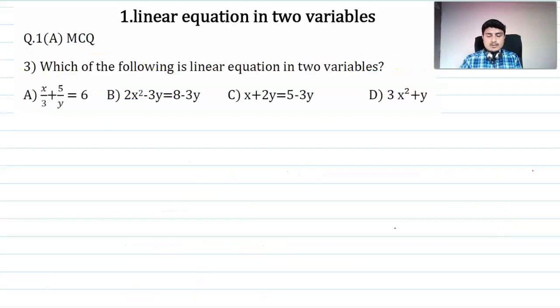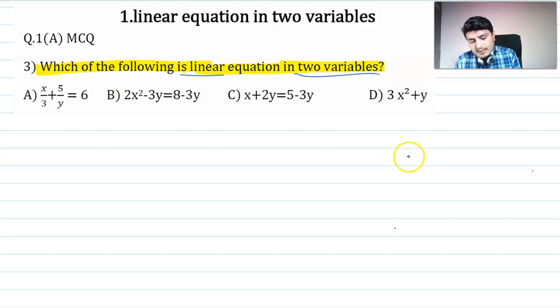Now look at the third sub question. Which of the following is a linear equation in two variables? First of all, try to understand what exactly is meant by a linear equation in two variables. The name itself indicates that linear means each and every variable has its own degree as 1, and two variables means there are strictly two variables, like a and b, x and y, p and q, l and m, and so on.